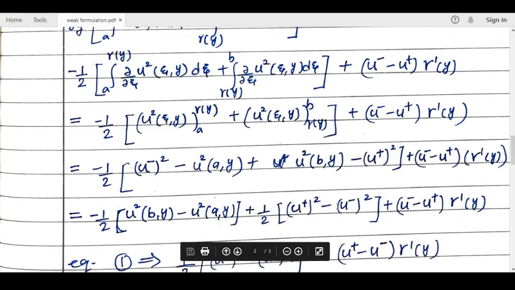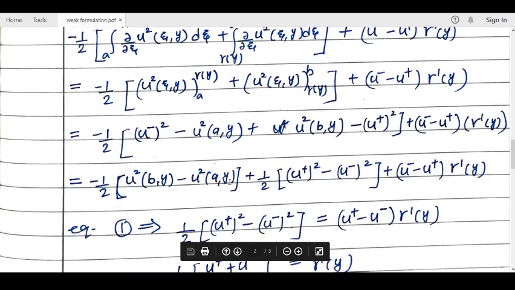So I have just arranged it. Minus half, this term we have collected: u square of b comma y minus u square of a comma y. Then these two terms I have collected, so minus I have taken outside. So this becomes plus half u plus square minus u minus square, plus u minus minus u plus into gamma dash of y.